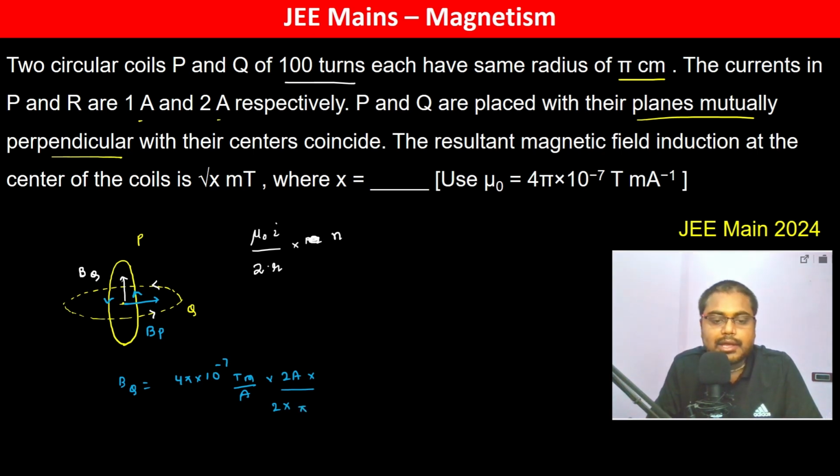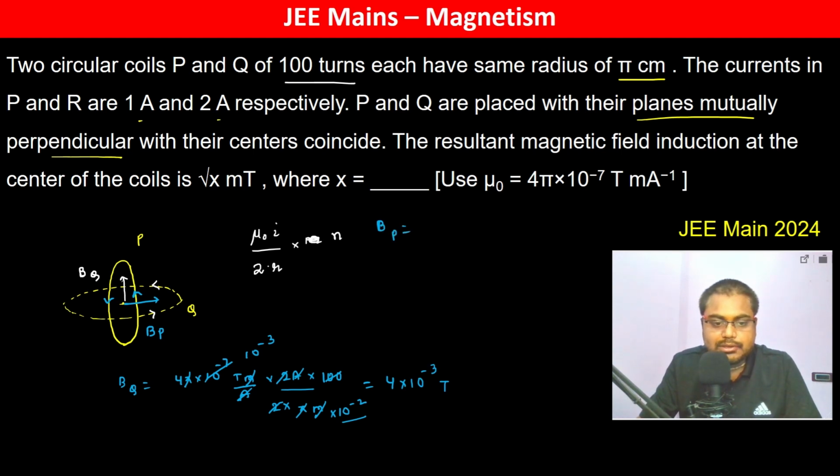And the turns will be n. So this is the magnetic field due to Q. So pi and pi is gone, 2 and 2 is gone, ampere and ampere is gone, and it was pi centimeter, so here we will write 10 to the power minus 2 also. So meter and meter is gone. So 10 to the power minus 2 and 100, so it's going to be 10 to the power minus 3. So therefore it's 4 into 10 to the power minus 3 Tesla due to Q.